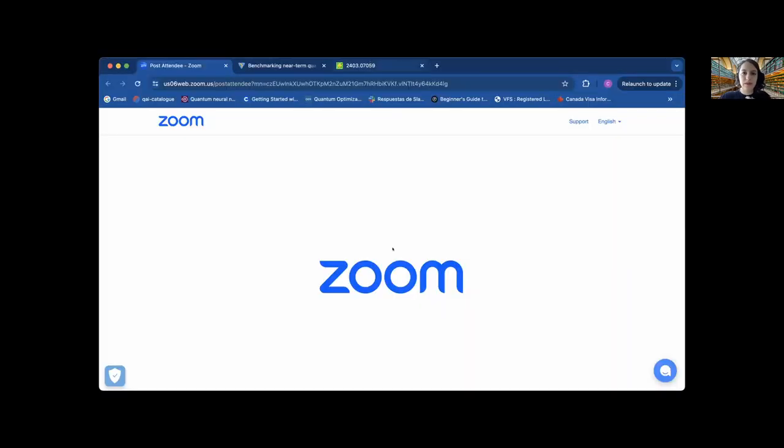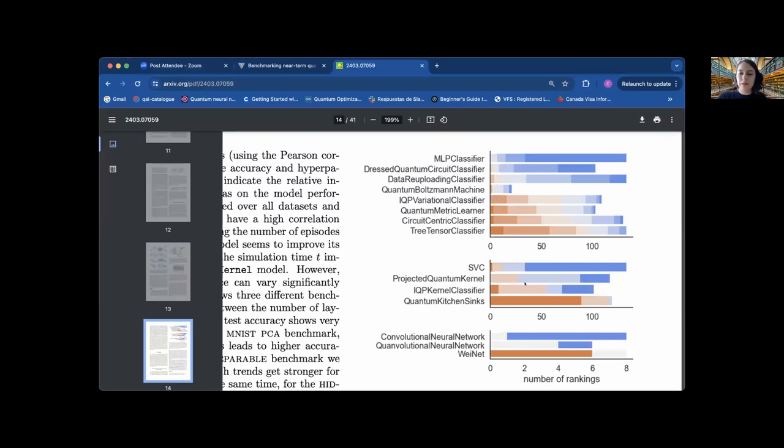And there's a nice graph that I actually want to share. Let me test this. This is one. So you should be seeing this graph from the paper where you're comparing classical with quantum options.